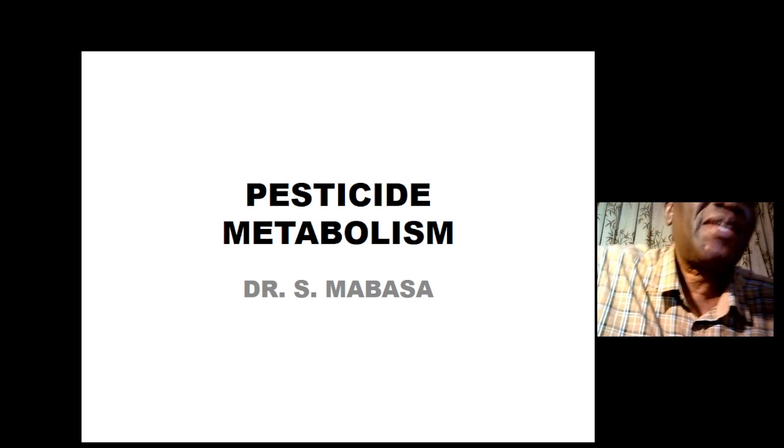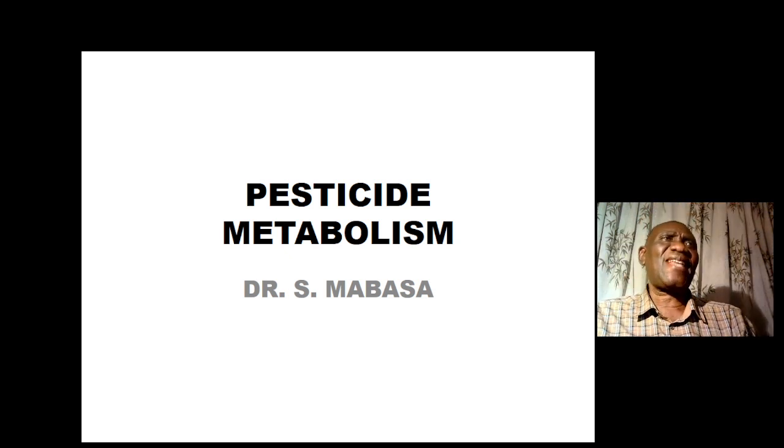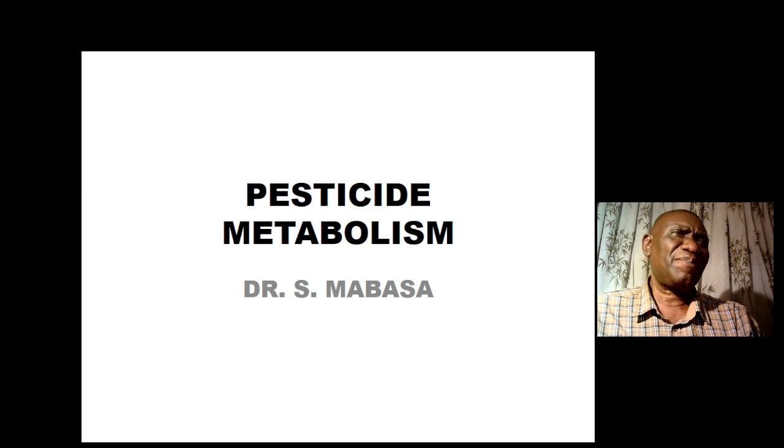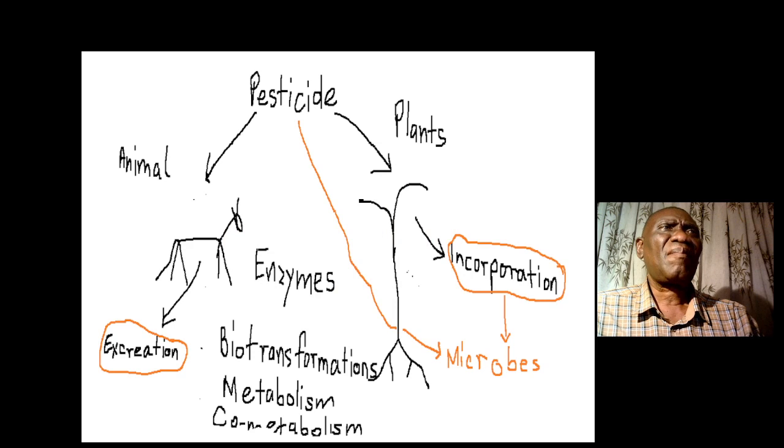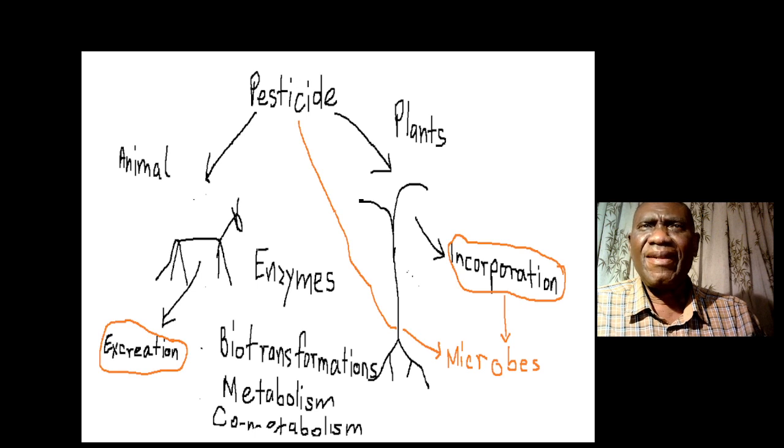So our topic is pesticide metabolism. Now, if we focus on the pesticide, it can either enter the plants or the animal, where it could be insect.